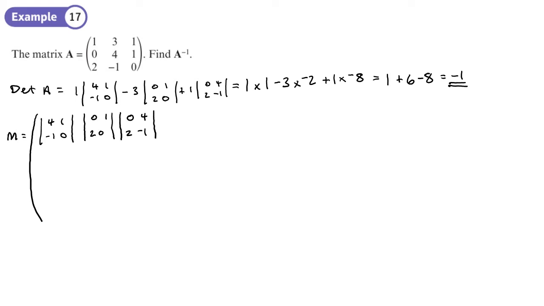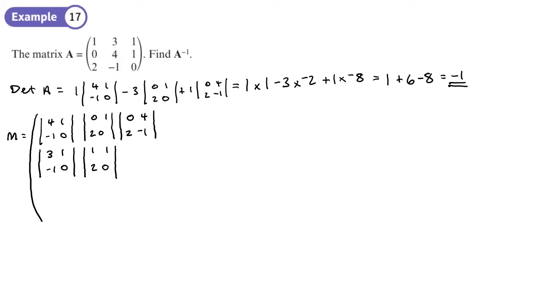I just need to do the same for the remaining elements. So element D now, cross out what's in that row and column. That gives me the minor 3, 1, negative 1, 0. Then element E: its minor will be 1, 1, 2, 0.